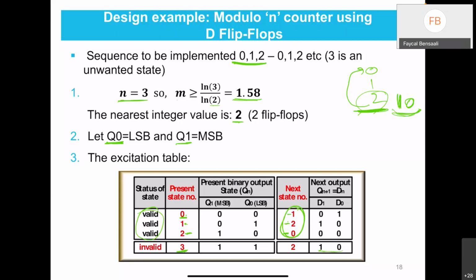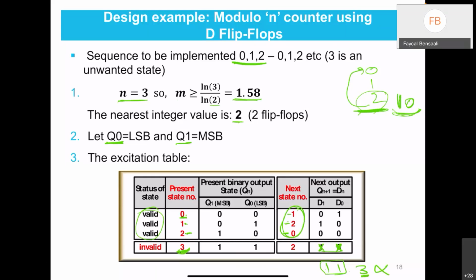But ideally, I should put XX here. And of course, those XX should not both be equal to 1, 1 at the same time. Because if I put 1, 1, this means I will be redirecting my state to state 3. And this is wrong. I don't redirect an invalid state to another invalid state.